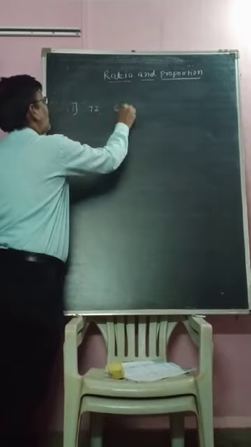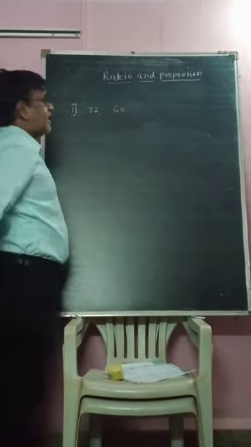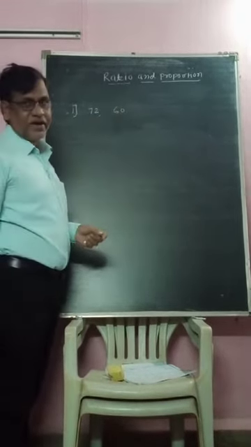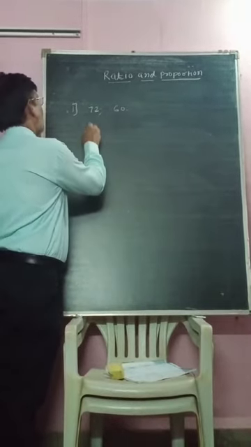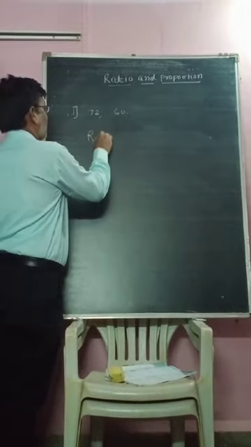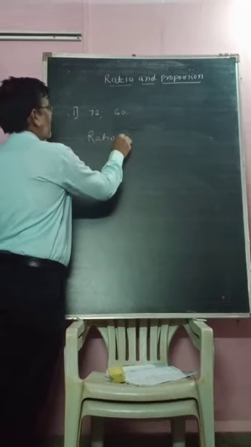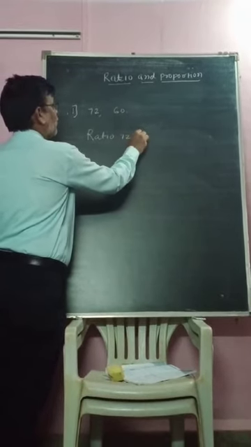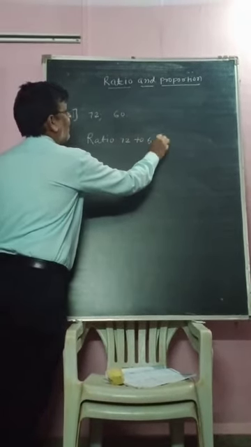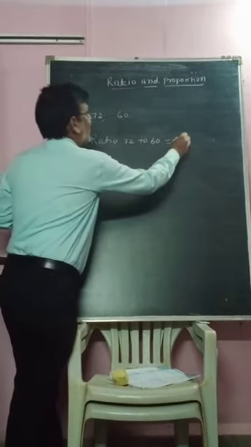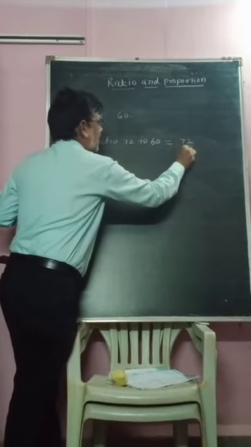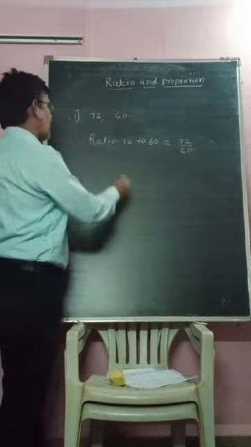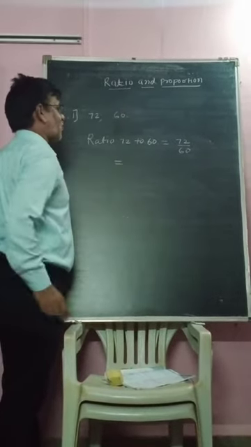These two numbers are given and you have to find the ratio of the first quantity to the second quantity. Now, how do you find the ratio? Ratio of 72 to 60 is equal to 72 by 60, and you have to find it in a simple form, that is reduced form.